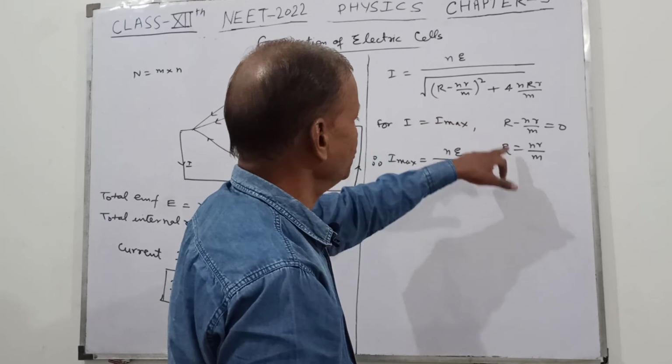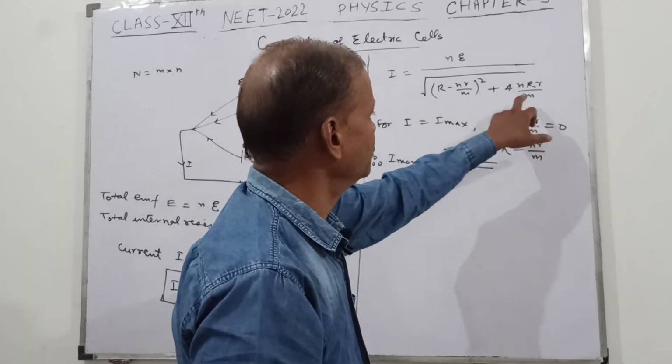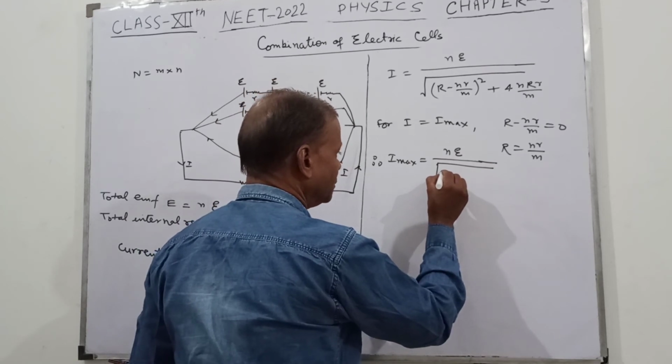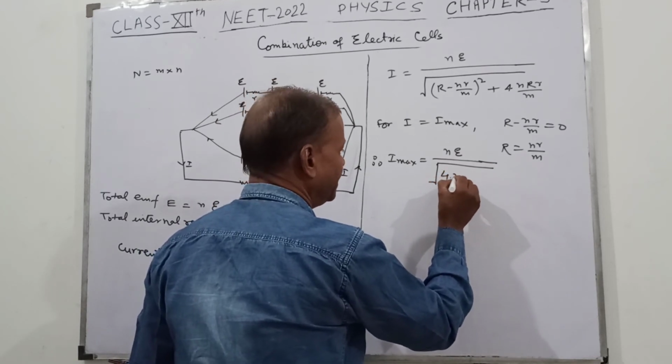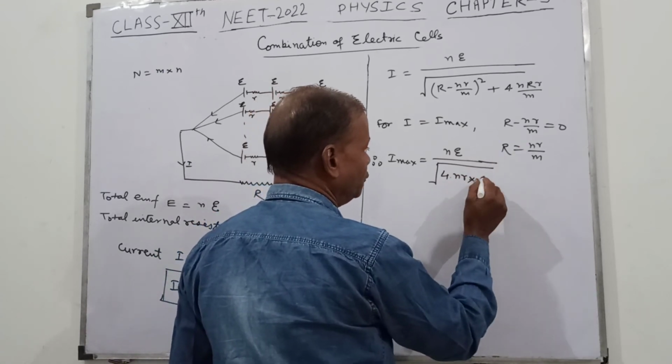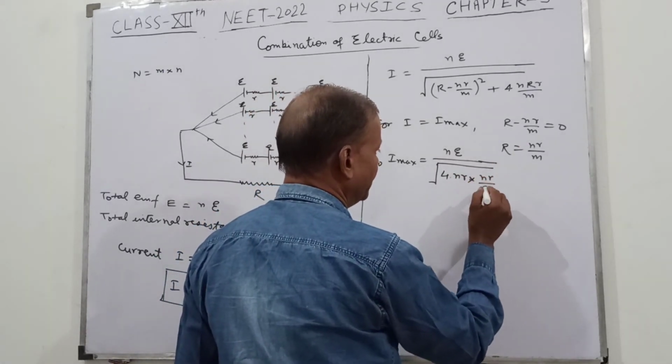Now this term is 0, we have made it 0, this is now 4 nr, into, now in place of R we will write nr upon m.